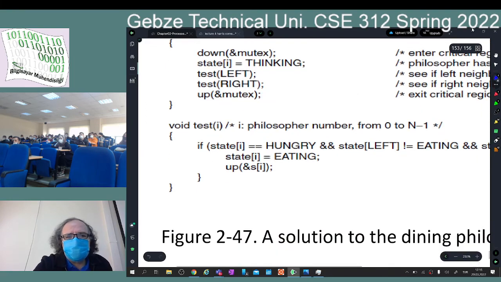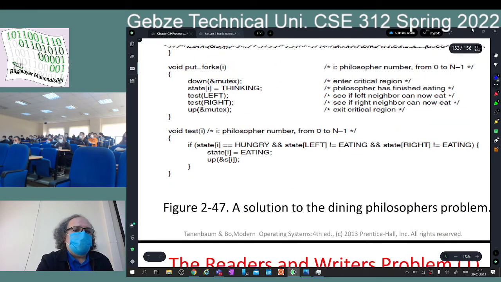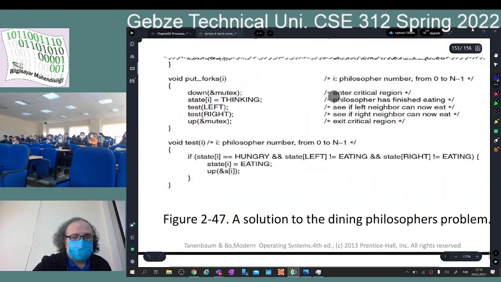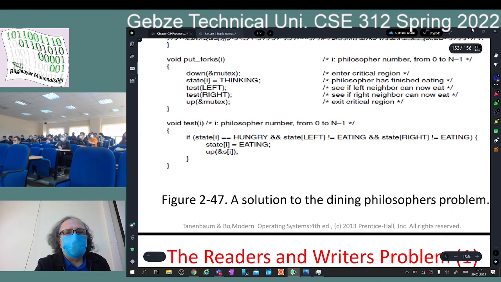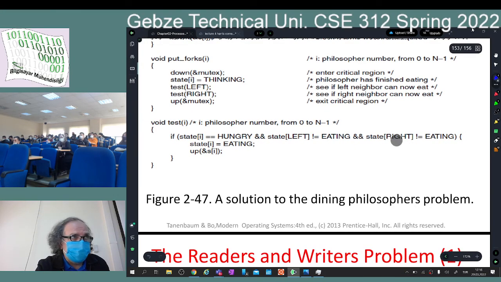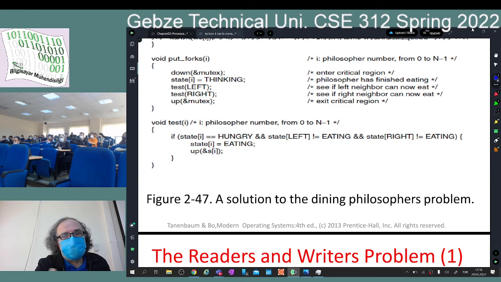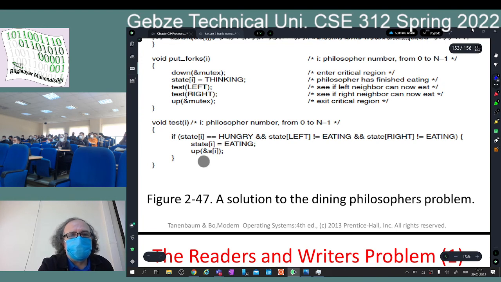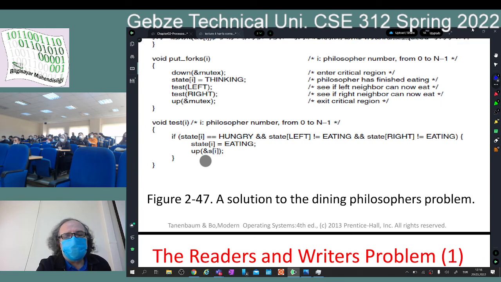Test i is simple. It says that if I am hungry, well, I am hungry, right? I set it to hungry. If I am hungry, if my left is not eating, if my right is not eating, then that means the resources are available. I can take the forks and I start eating, and it's smart, right? I am increasing my semaphore value by 1. It indicates that whoever wants to down, decrement it, they can decrement it.